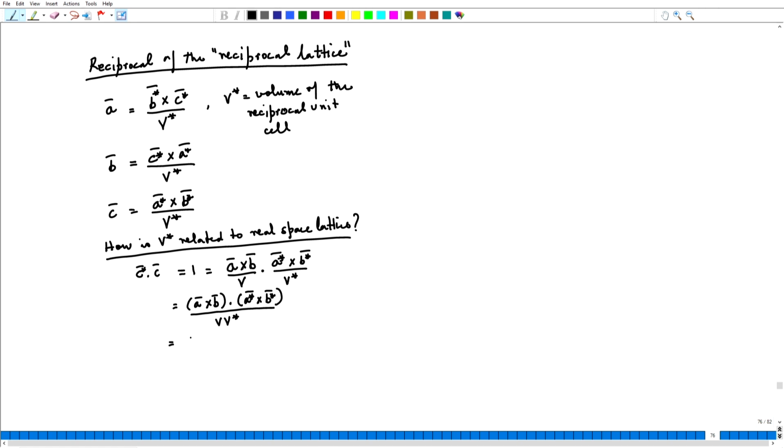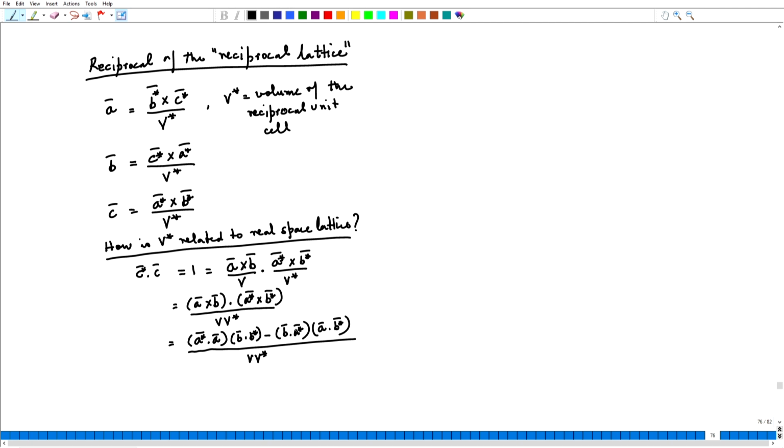I can write this as A star dot A multiplied by B dot B star minus B dot A star multiplied by A dot B star, divided by V star.